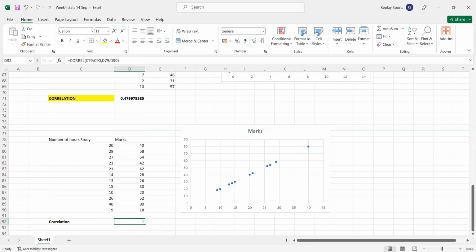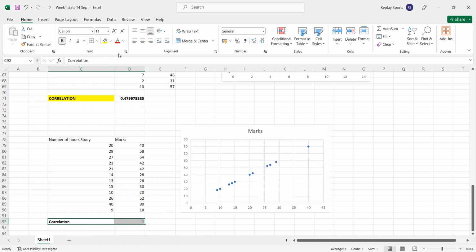See, it's positive one, exactly one. You got it? So if dots are on same line, you get correlation as 1. So this is the maximum. Little bit deviation, your correlation will come down. More the deviation, more it will come down.